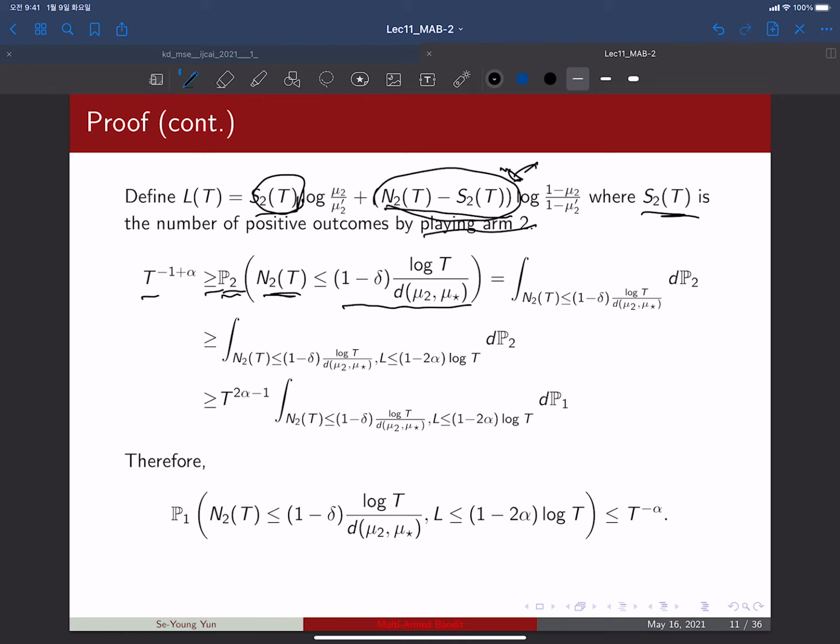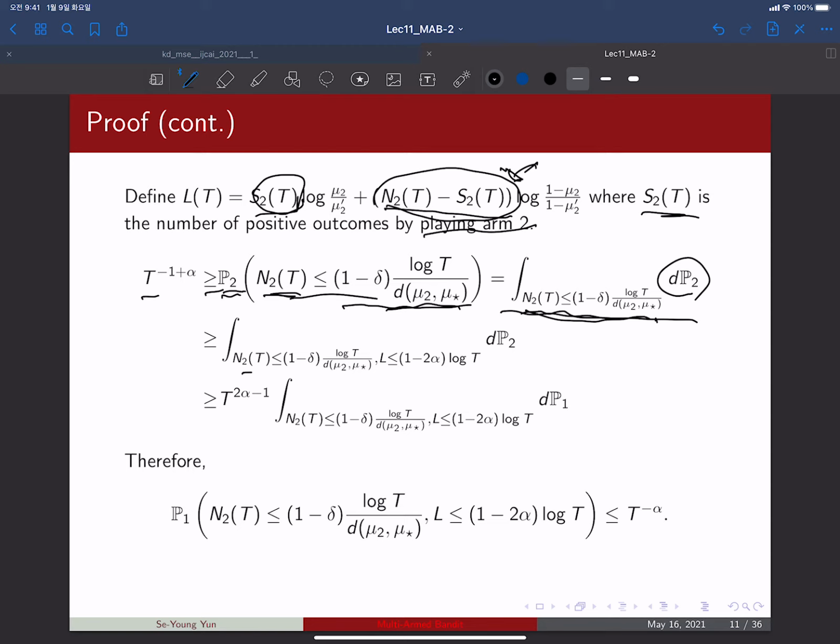I rewrite this probability by taking the integral over the event using the P2 measure, and that is upper bounded by this.